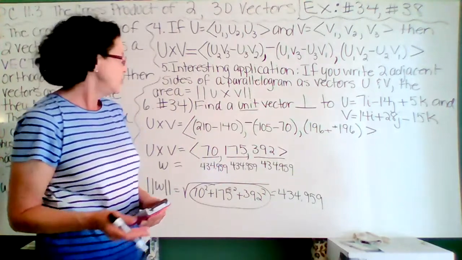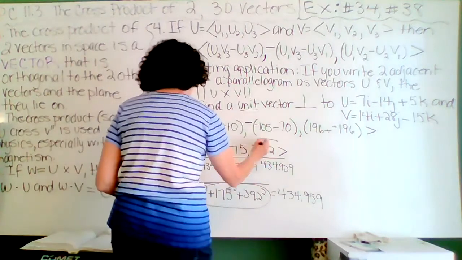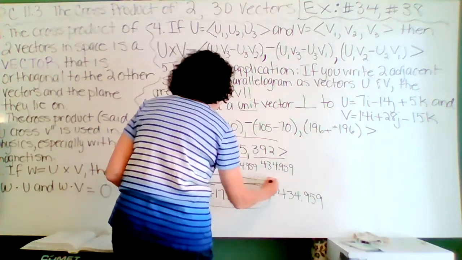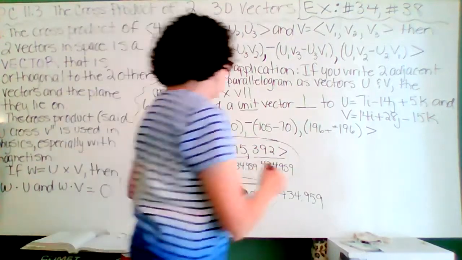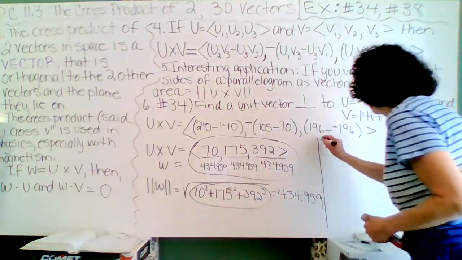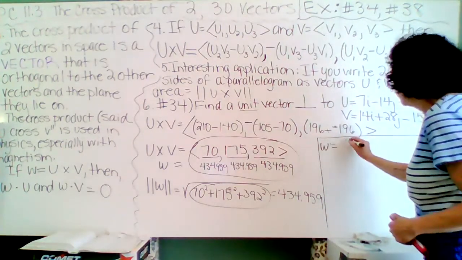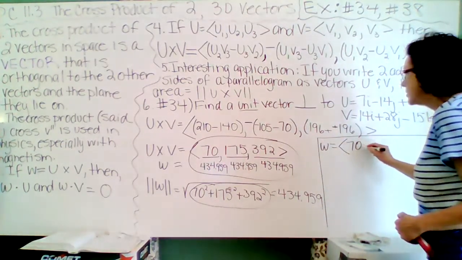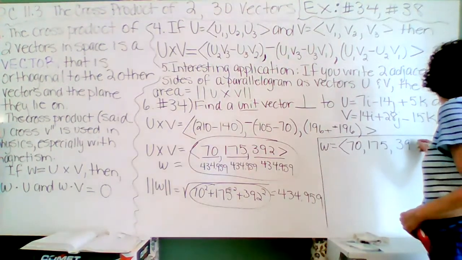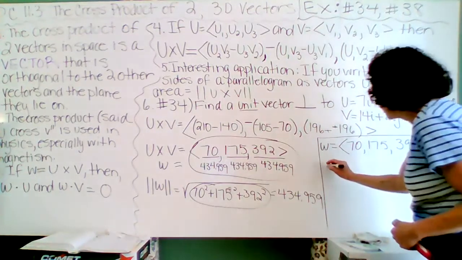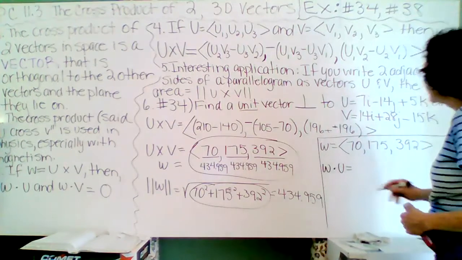Now, one thing I do want to show, though it's not necessary, here's our final answer right here, is I do want to take the vector, just going to make a box right here. The vector W that we found is 70, 175, and 392. I just want to do the dot product W dot U and show that it is 0.